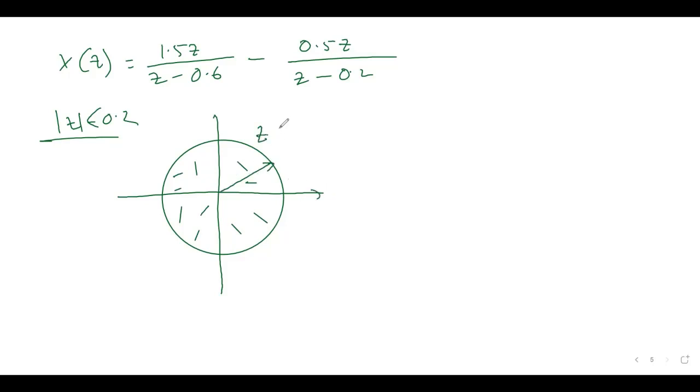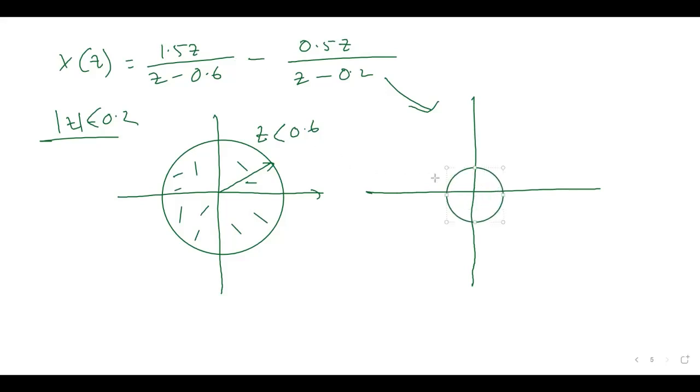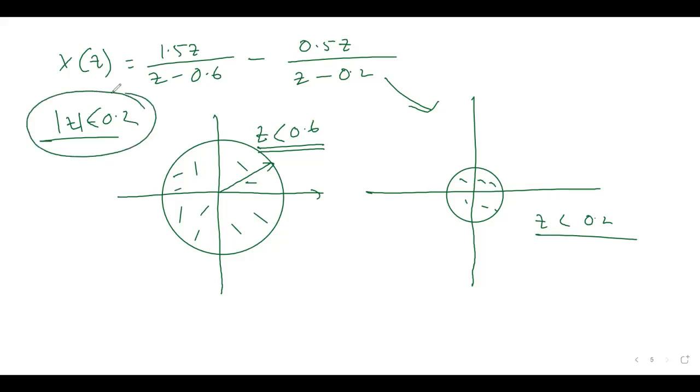And this section will be a left hand side signal if its ROC is less than 0.2, isn't it? Now together, ROC is given as less than 0.2. That means both conditions are satisfied, so both will be left hand side signals.